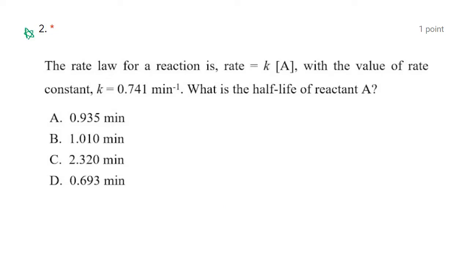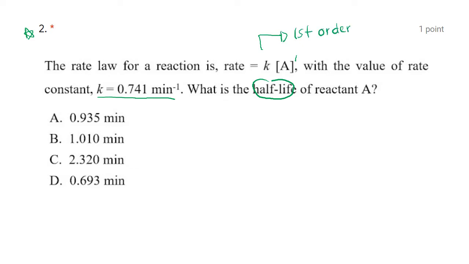Question 2. The rate law for a reaction is rate equal to K concentration A to the power of 1, again, with the value of rate constant 0.741 per minute. What is the half-life of the reactant A? So from here we know that the reaction is first order.